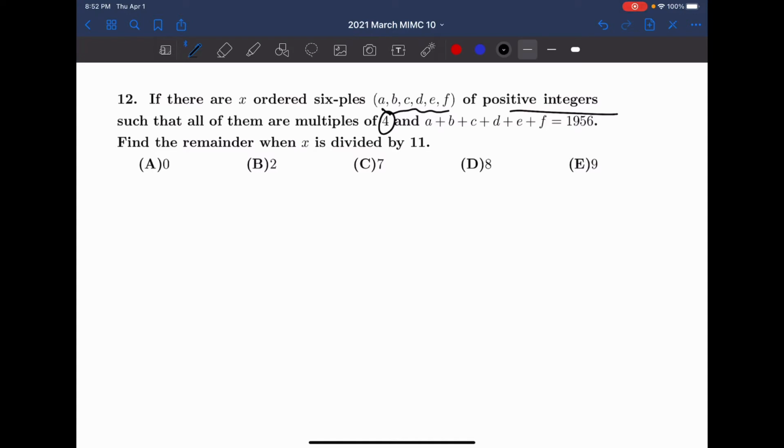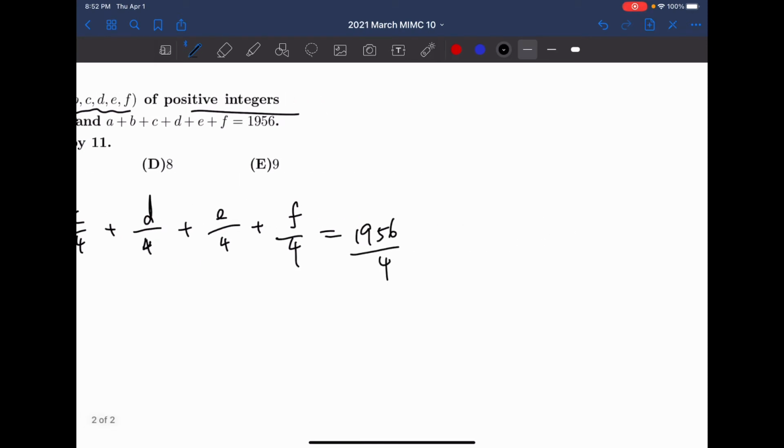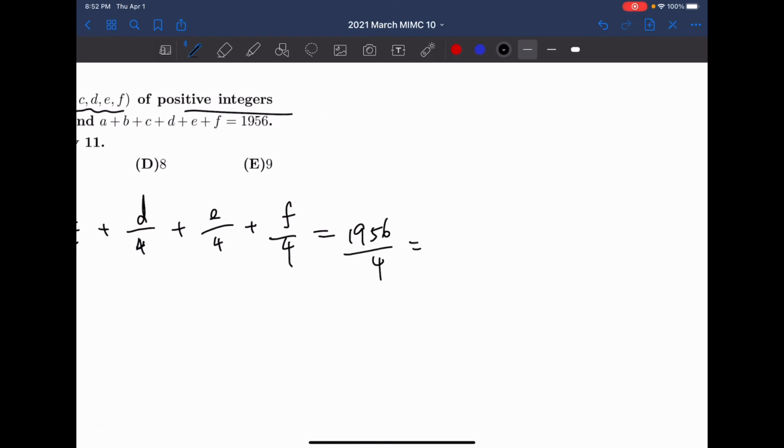And if we divide both sides by, let's say, 4, so that a divided by 4 plus b divided by 4 plus c divided by 4, d divided by 4 plus e divided by 4 plus f divided by 4 is equal to 1956 divided by 4.